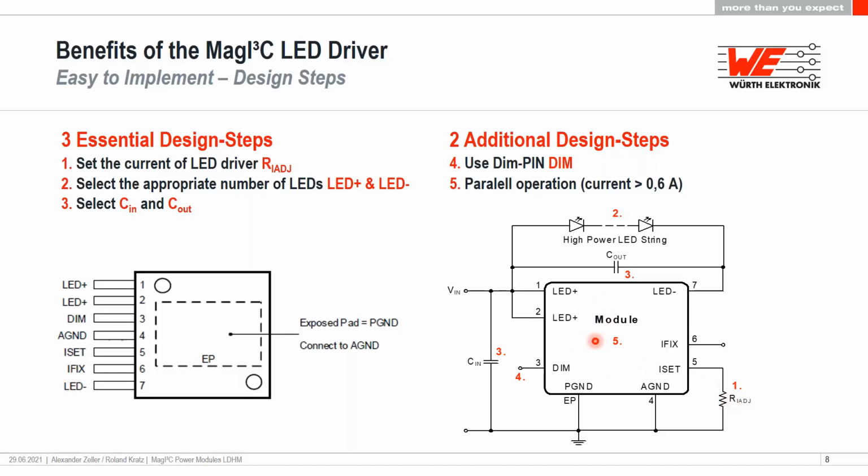As this LED driver is designed for the common 350 milliamps LEDs, there is a resistor inside at the I-fix pin. If you want to use only 350 milliamps, just connect pin 6, which is I-fix, to ground. Then you do not need this external resistor.